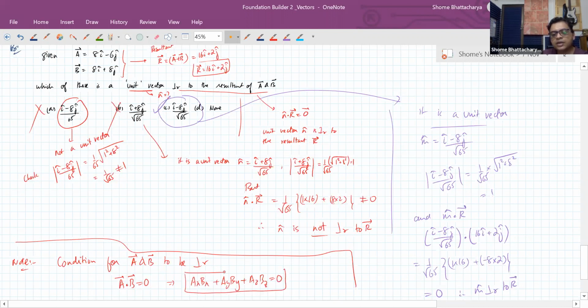This is the perpendicularity condition. Whereas the parallel condition we discussed today is ax upon bx equal to ay upon by equal to az upon bz. Both of these are very important little tricks while solving questions. Just make a note of this also, please, all of you.